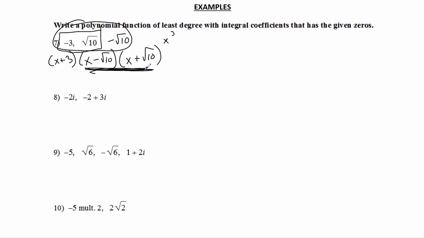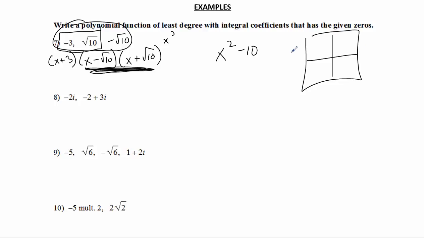Well, these are the easy ones here because they are opposites of one another. Always, always, always do the opposites of irrational or imaginary roots first. Negative root 10, positive root 10, always do these first because these are really, really easy to do. So when I multiply these two, I get x squared minus 10. Some of you might be asking, how do I do that?